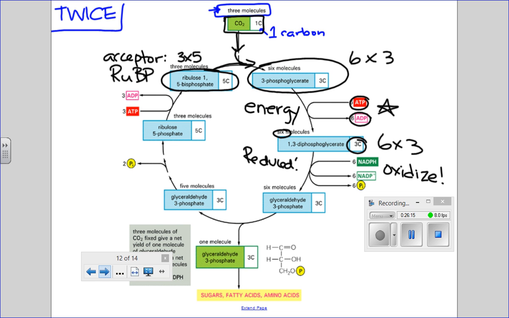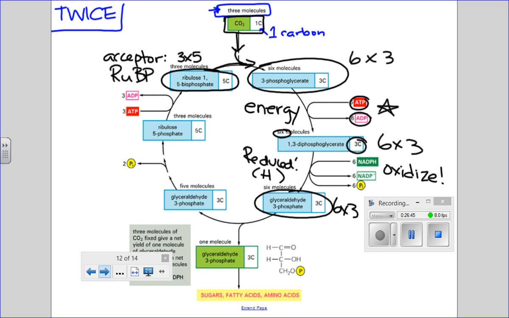So remember, they always have to happen together. NADPH is getting oxidized, my carbon compounds are getting reduced. In our case, in all the times we're going to talk about reduction, this always means hydrogen is getting added on. So now, I still have 6 molecules that each have 3 carbons.